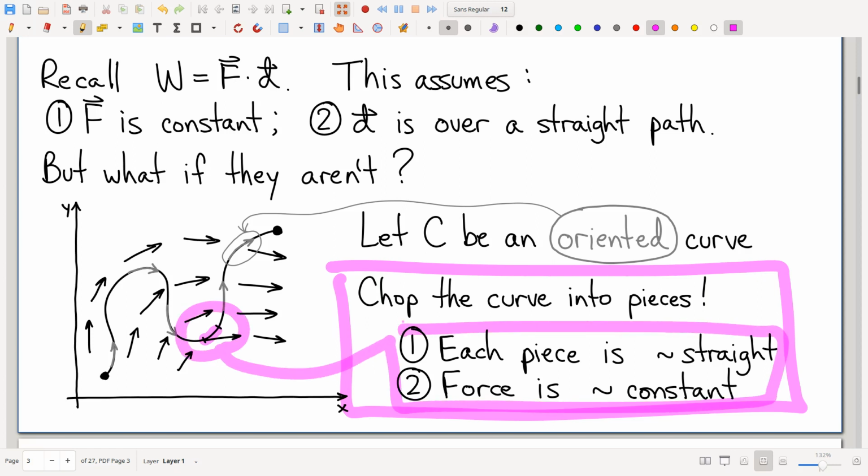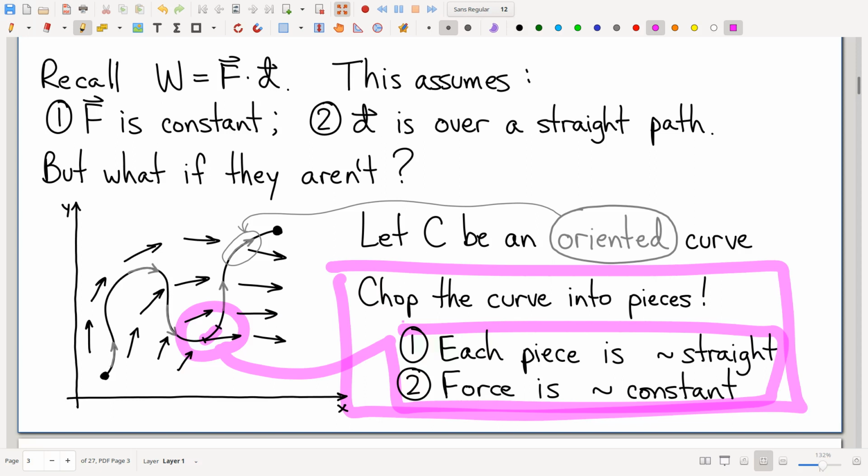Specifically on each one of these little pieces down here, it's not exactly straight, but it's pretty small, and it doesn't have time to have curves very much. So it's pretty close to straight. And in the limit, the round-off error is going to go away. So for our practical purposes, these little pieces I can treat as being straight.